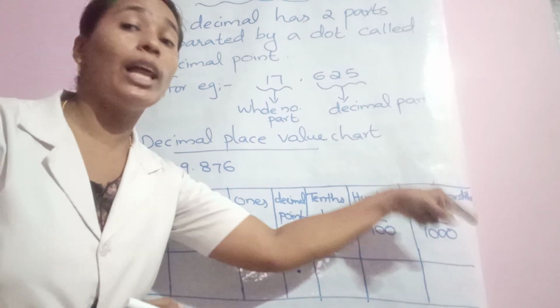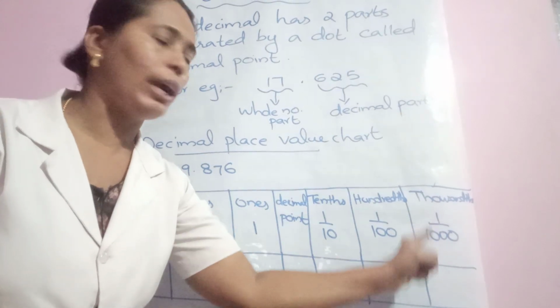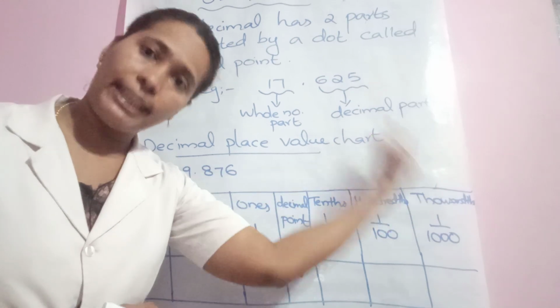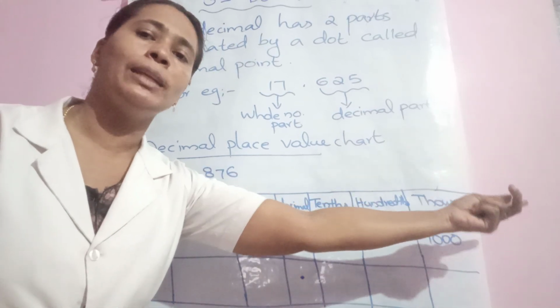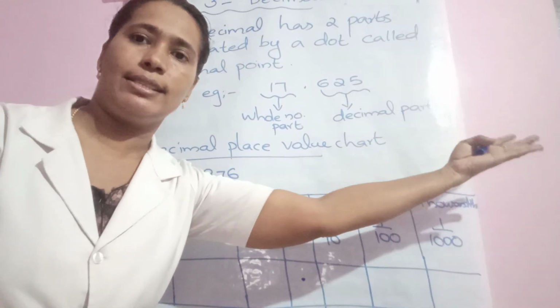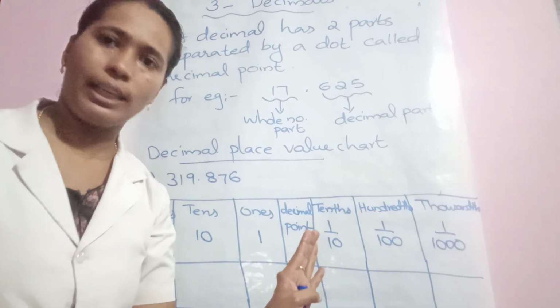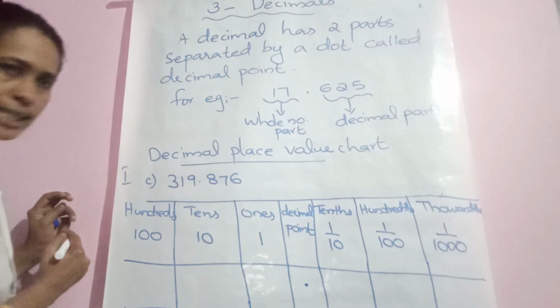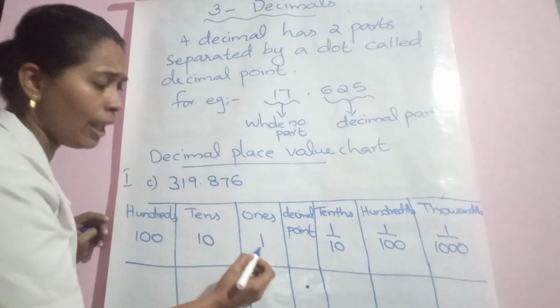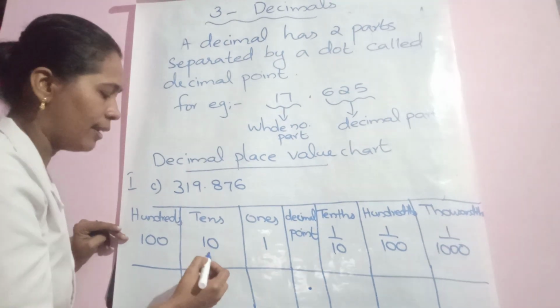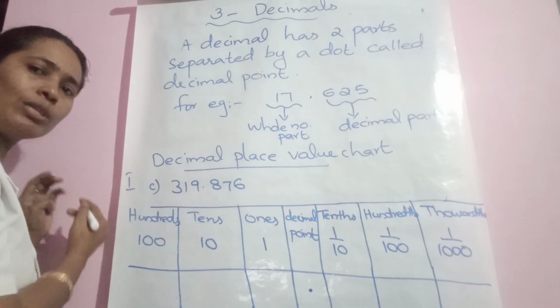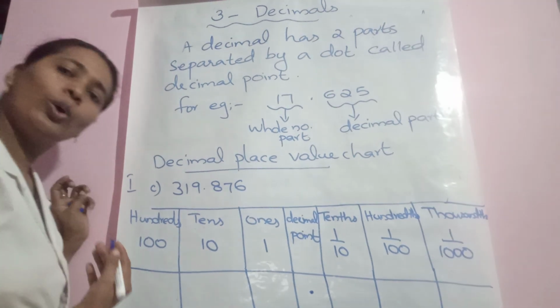Third one is thousandths, and it is 1 by 1000. Next one, if any digit remains, is ten-thousandths, written as 1 by 10,000. Is it clear? And on the left side, you know, it goes ones, tens, hundreds, thousands, 10,000, and so on.